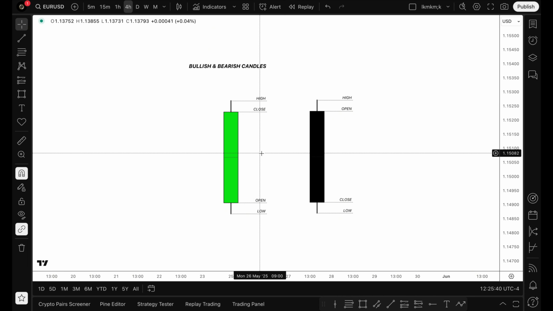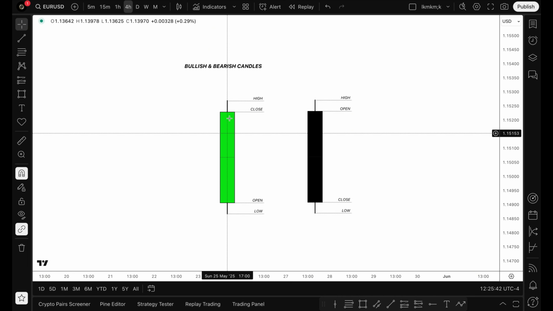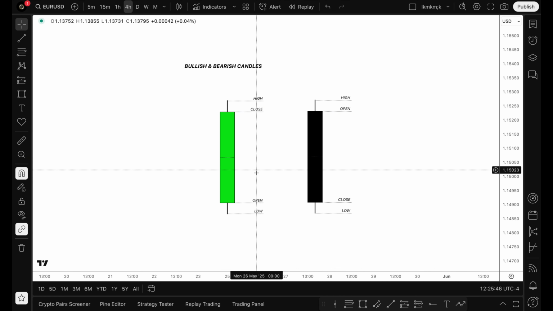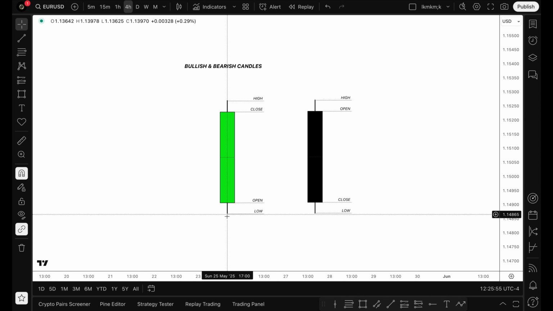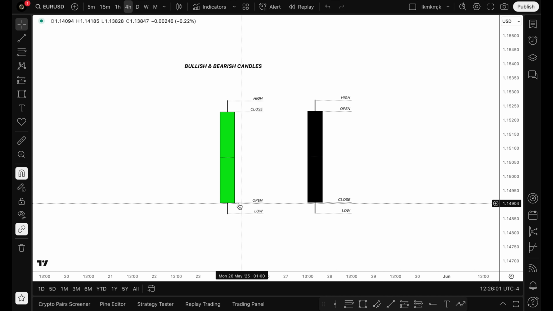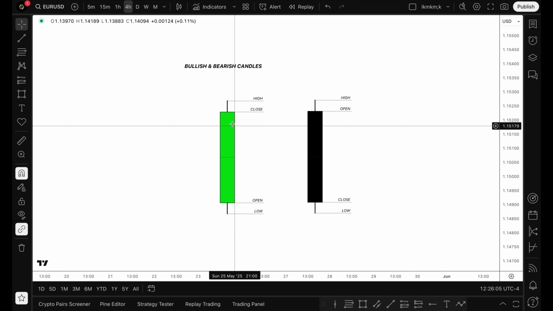The green candle, which is an up candle, is called a bullish candlestick, and this forms when price opens here, moves lower to form the low of the candle, then goes higher and forms the high of the candle, and it closes above opening price. What makes the candle green is when price closes above opening price.